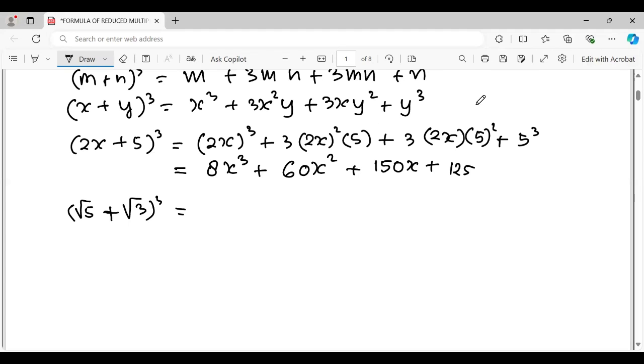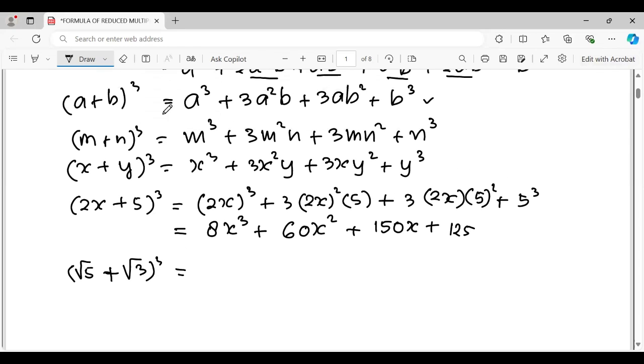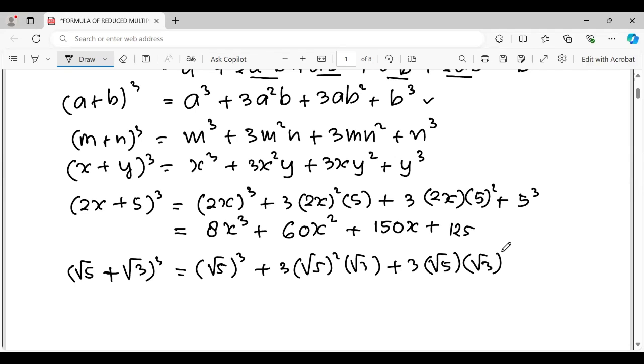Okay, based on the conclusions we already expanded from this expression, we can write this as square root 5 cubed plus 3 multiplied, according to this expansion, by square root 5 squared multiplied by square root 3, plus 3 multiplied by square root 5 multiplied by square root 3 squared plus square root 3 cubed.